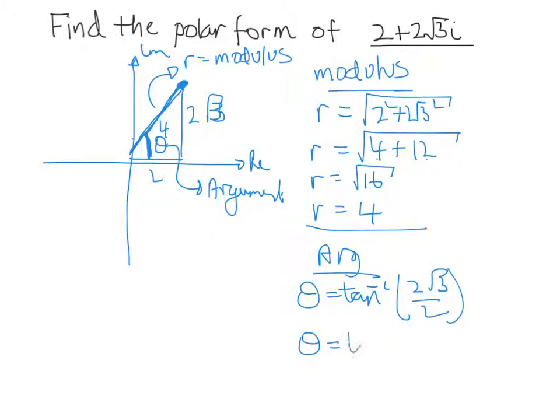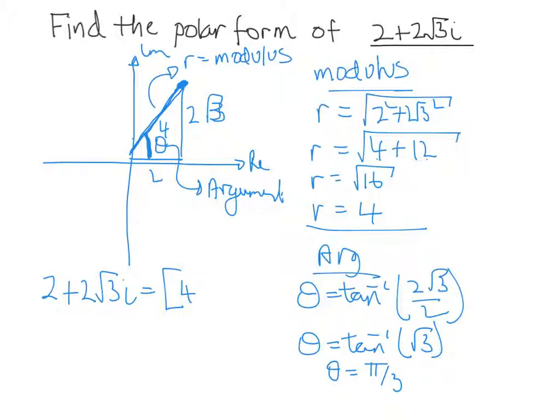So that would be inverse tan of root 3. Now that would be pi over 3. So 2 plus 2 root 3i is equal to 4, pi over 3.